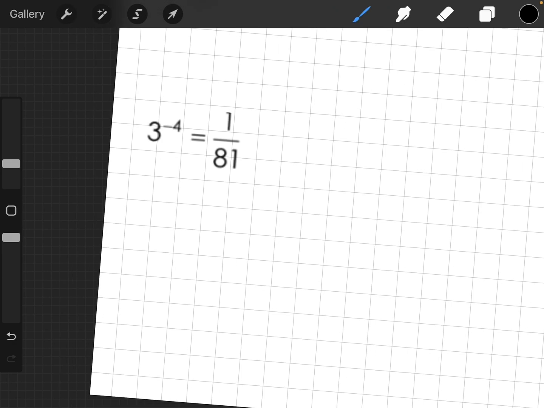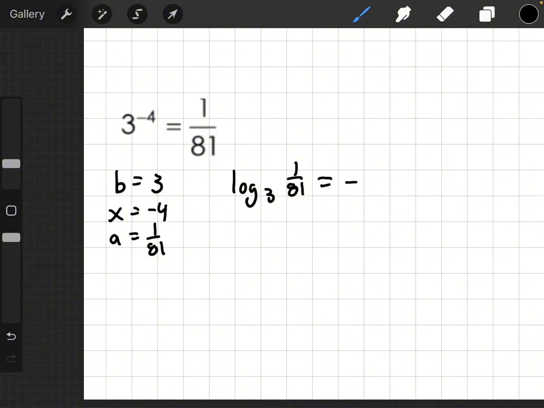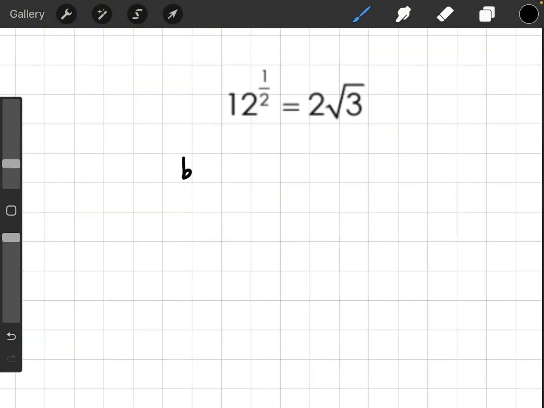This will get easier with more practice and more familiarity. Next, b equals 3, x equals negative 4, and a equals 1 over 81. So log base 3 of 1 over 81 is equal to negative 4. Then b equals 12, x equals 1/2, and a equals 2 rad 3.